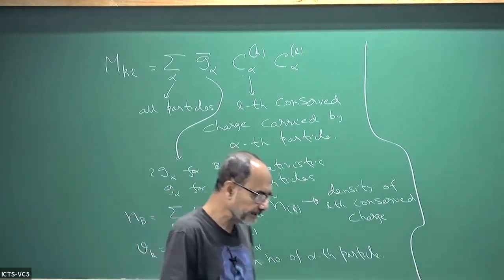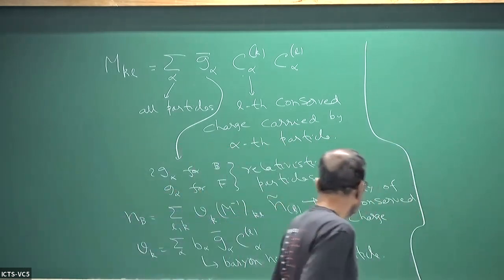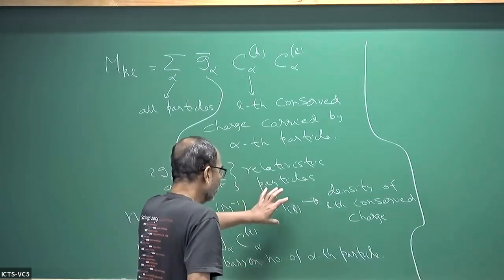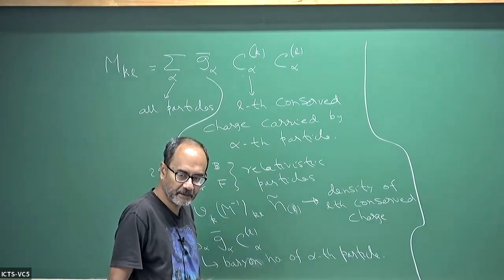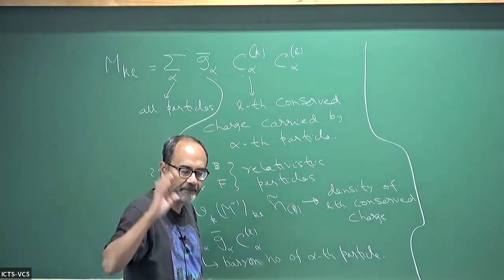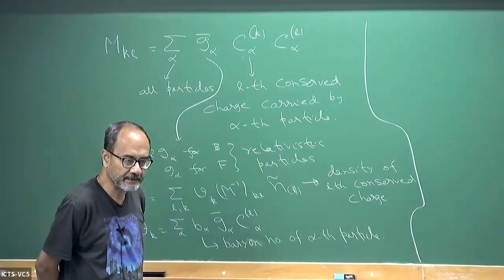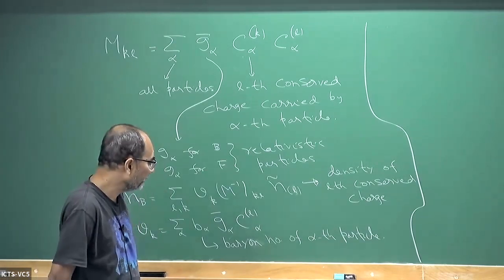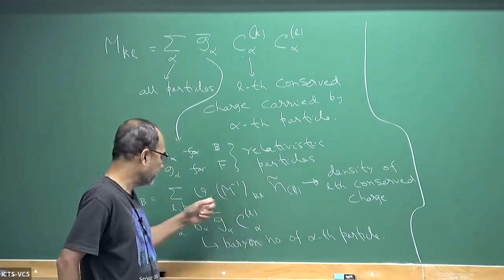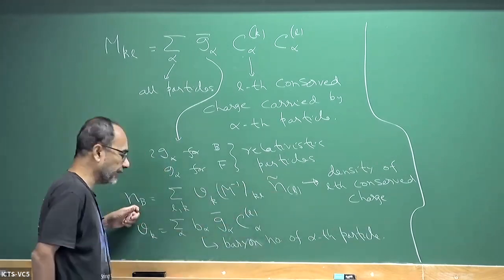So the idea is that if we know these n tilde L's, how much conserved charge of Lth type there is, which in principle is determined by some high energy process, whatever produced these charges, because they are not strictly conserved, then you can use this formula to calculate the baryon density.